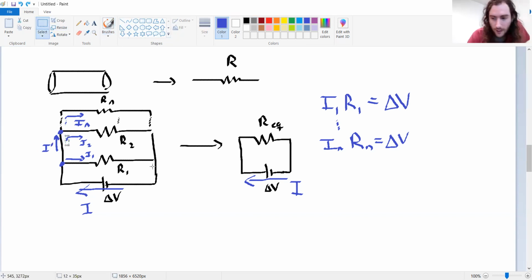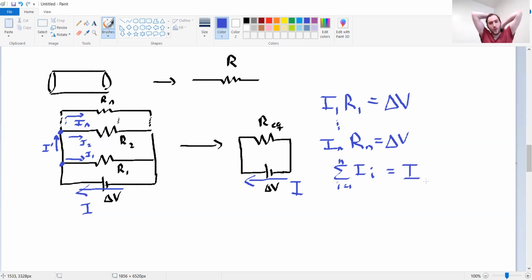There's a little hook there that shouldn't be there. I prime comes in to this node, and I2 breaks off across the resistor R2. And then another, let's say I double prime goes again, and then I3 breaks off, and then an I triple prime, and then an I4 breaks off, and so forth. And if we apply Kirchhoff's junction rule, it's going to tell us that the sum of all of the currents from i equals 1 to n has to add up to the total current across the battery.